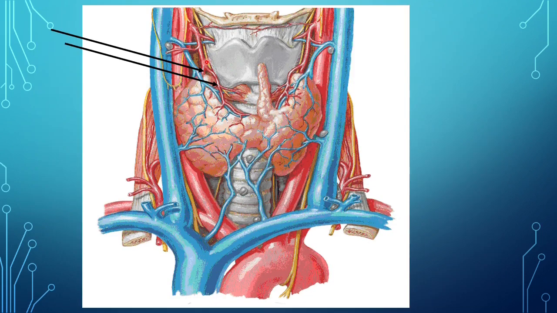That's the superior thyroid artery, and it is divided into an anterior branch and a posterior branch. The anterior branch anastomoses with the anterior branch of the superior thyroid artery of the other side. The posterior branch is going to pass backward as a relation of the thyroid gland and anastomose with the inferior thyroid artery.